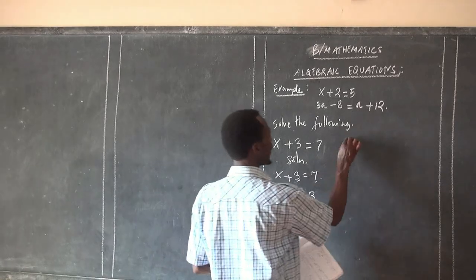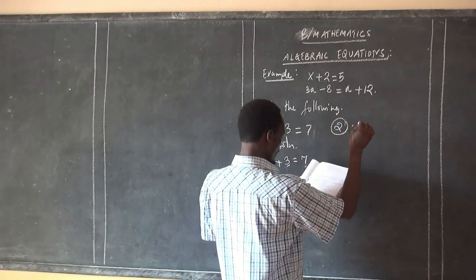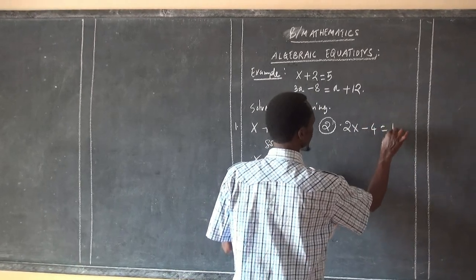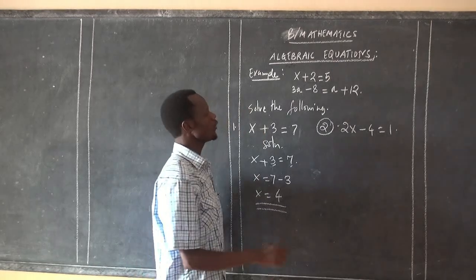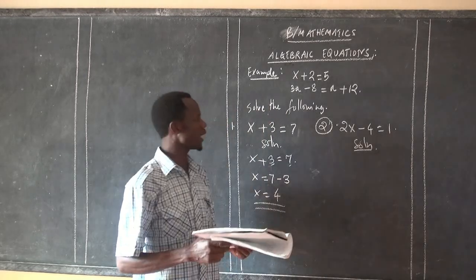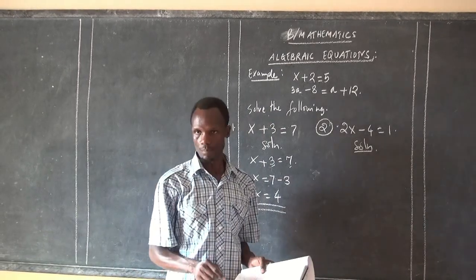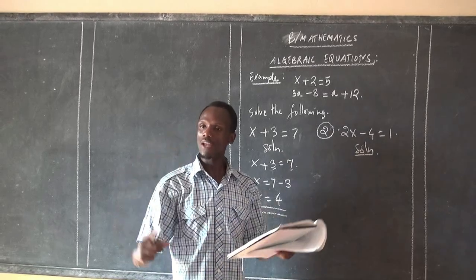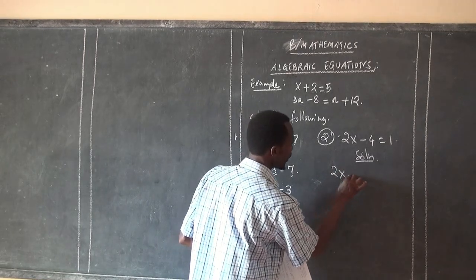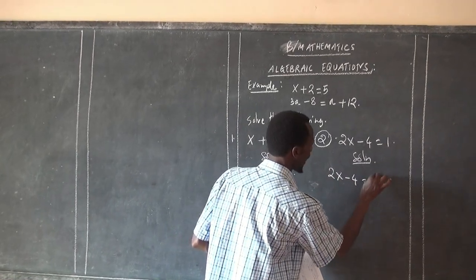The other example, number 2, we have 2x minus 4 is equal to 1. We are looking for the value of x. Now the same situation that we have said, we have to collect the like terms. Tunakusanya mitajo inayofanana. Now we have 2x minus 4 is equal to 1.